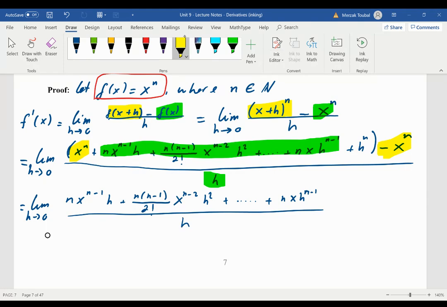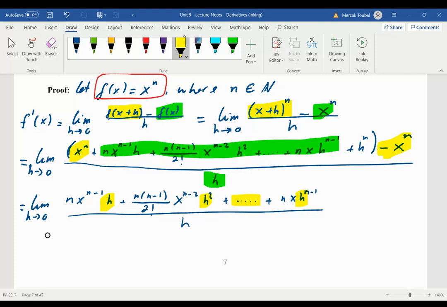Now, notice that h is a coefficient of the first term, the second term, the last term, and every term in between.